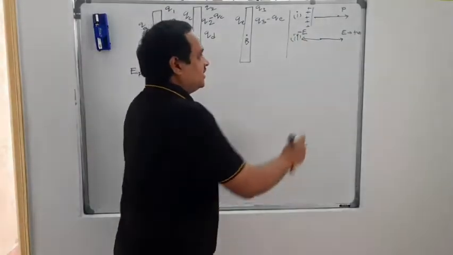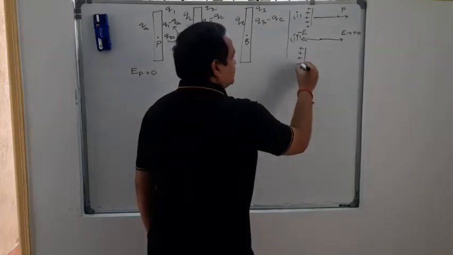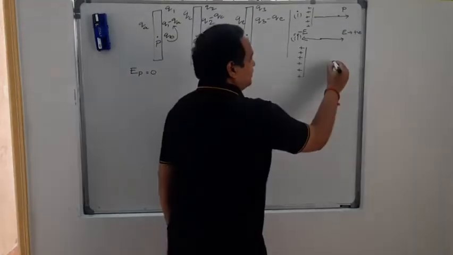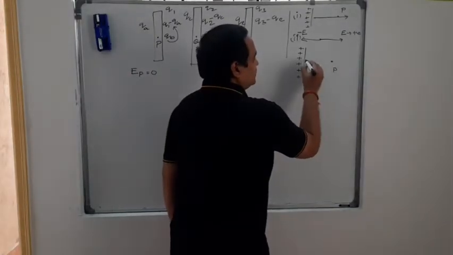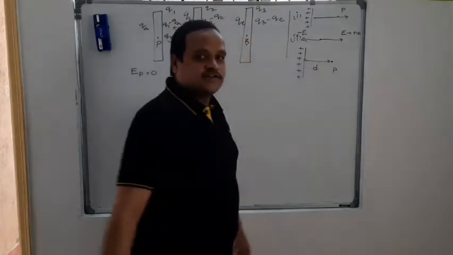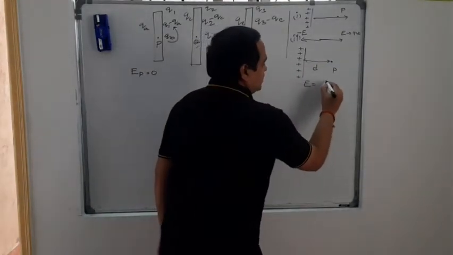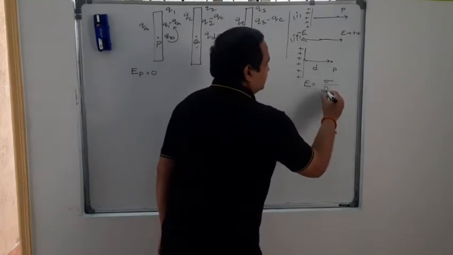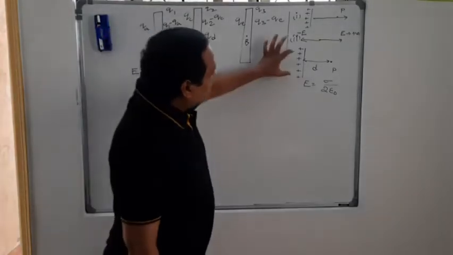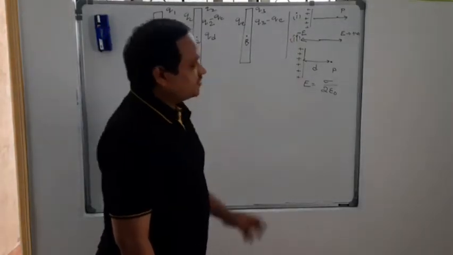And the electric field due to a positive charged plate at a point P, which is at a distance d, was given as E equals sigma by 2 epsilon naught, where sigma is the charge present in unit area of the particular plate.